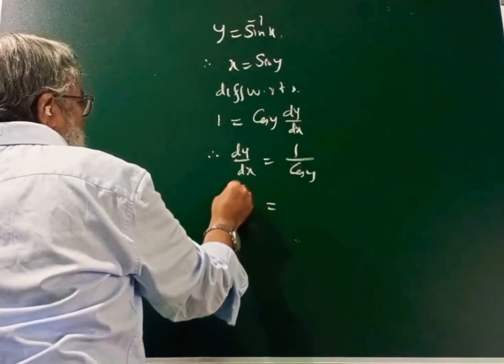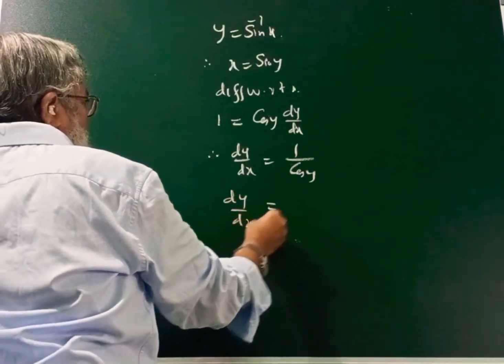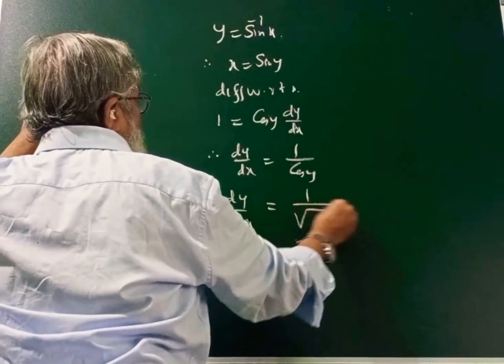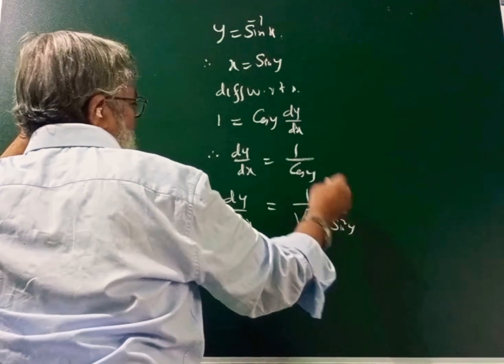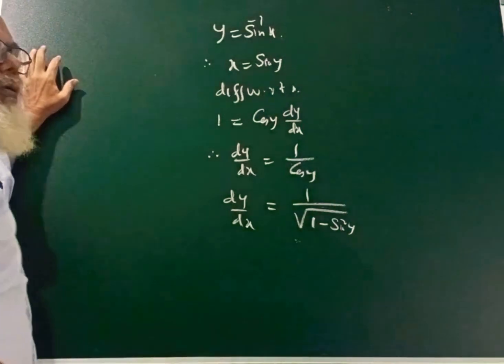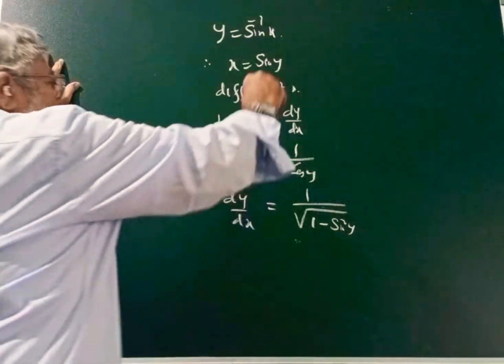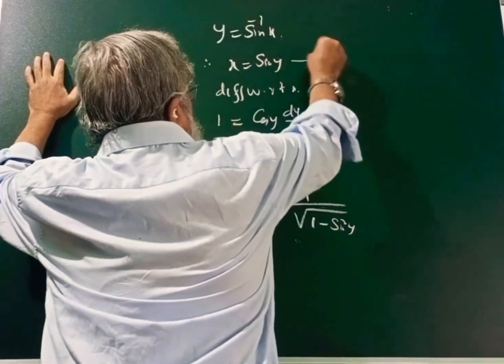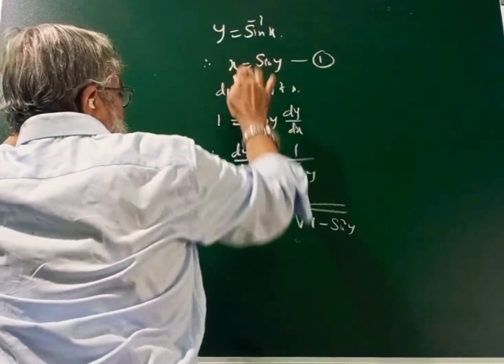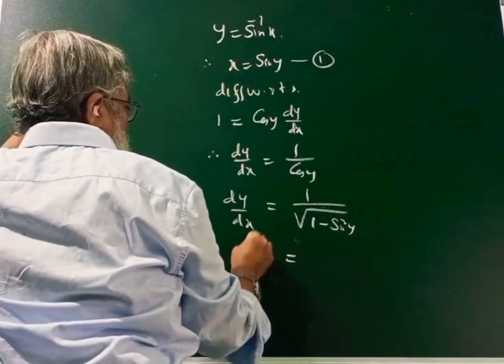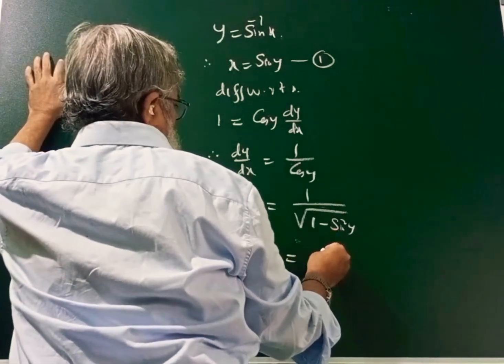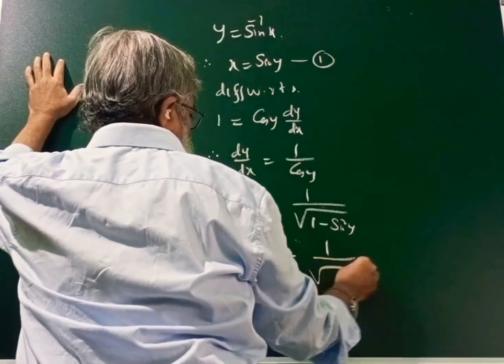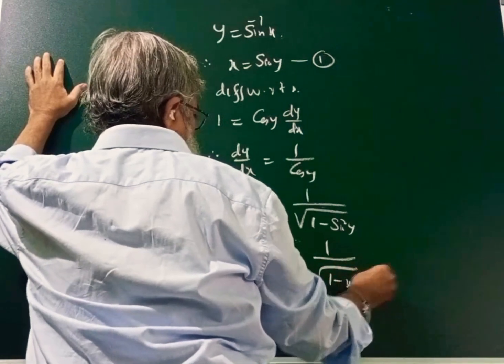Cos y can be written as 1 by under root of 1 minus sin square y. Now, from equation 1, the value of sin y is x. Therefore, we can write dy by dx is equal to 1 by under root 1 minus x square.